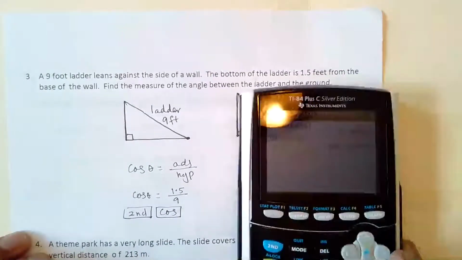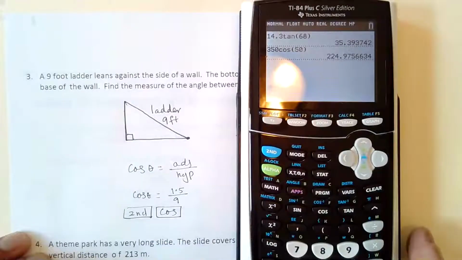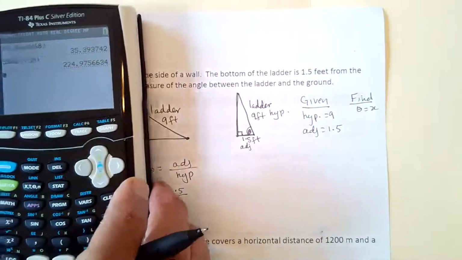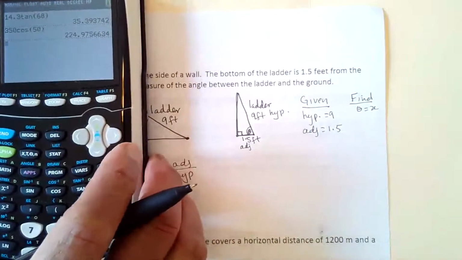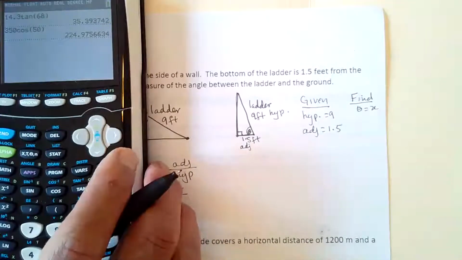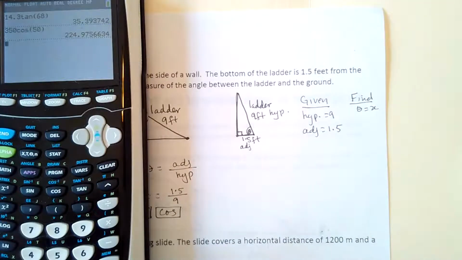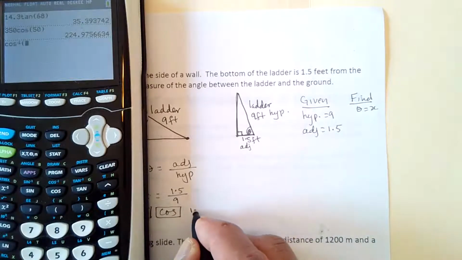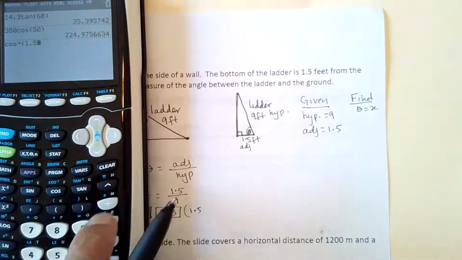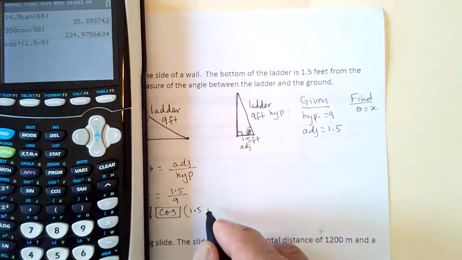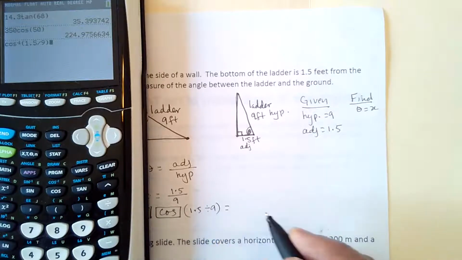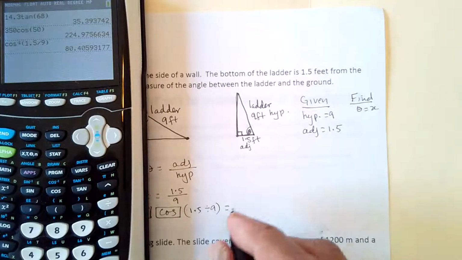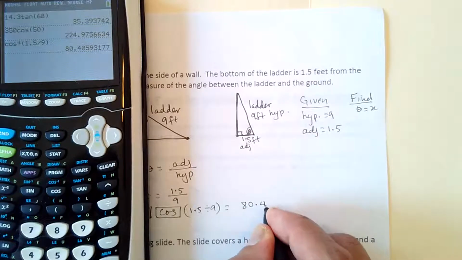so go to my calculator here. Second cos, 1.5 divided by 9, close bracket, enter, and that gives me an angle of 80.41 degrees.